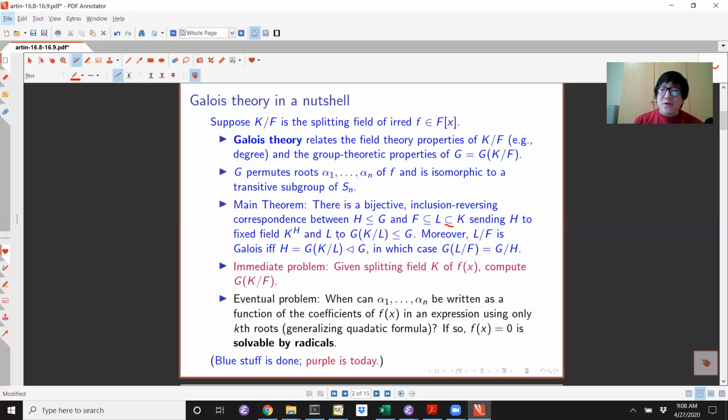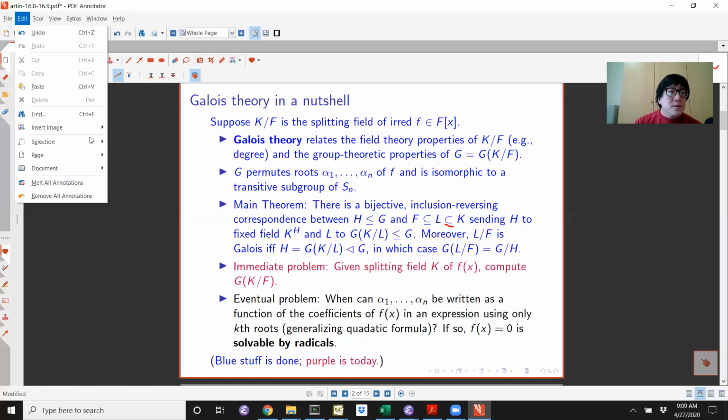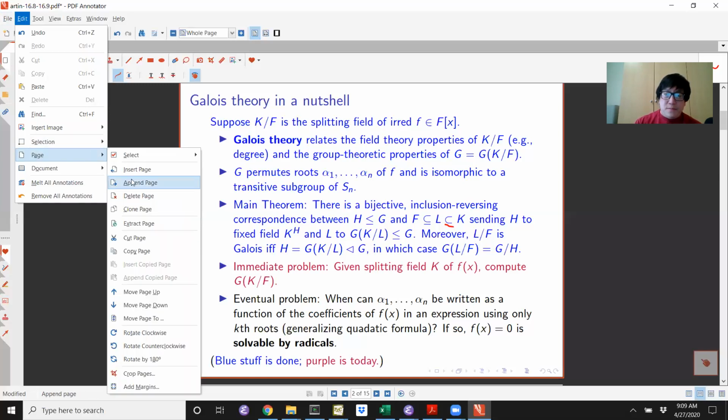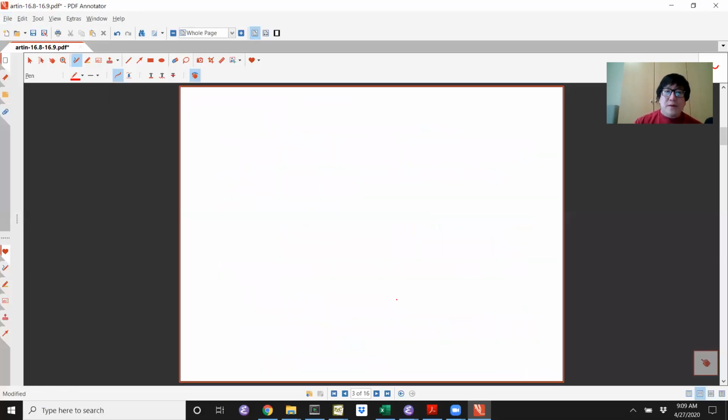Ravi asked, "How do you know which permutations are in the Galois group?" That's a very good question, and the answer is it's very difficult. Let me answer your question.